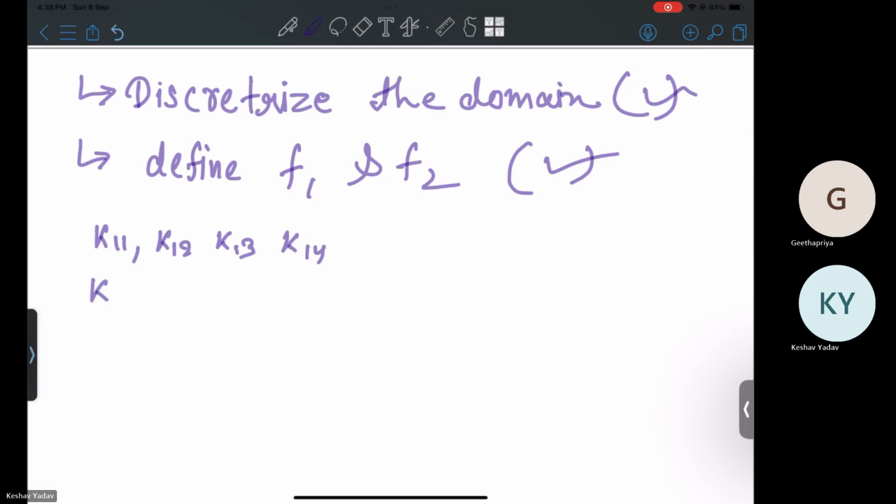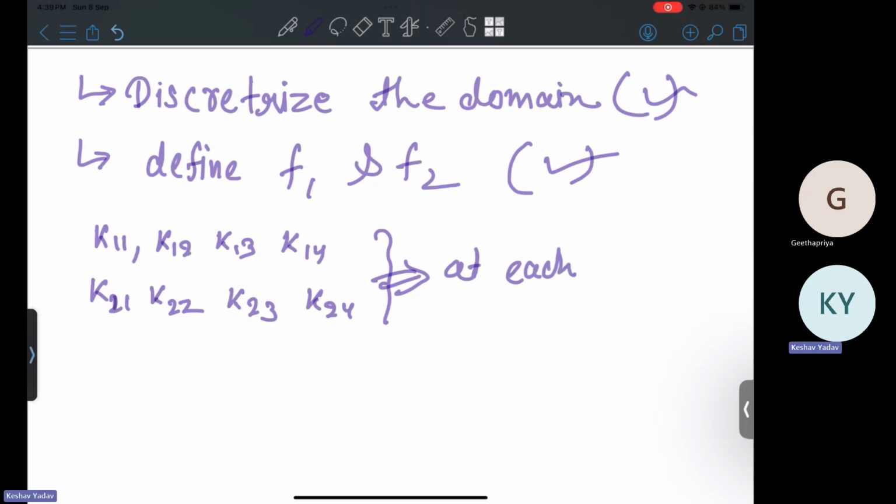Similarly, k21, k22, k23, k24 values at each grid point. For each grid point we will find that. Then at each grid point, in the same way, we will find the u1i and u2i.